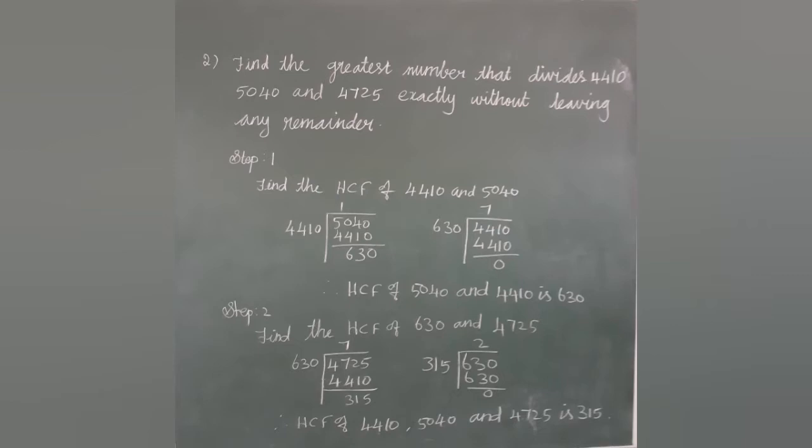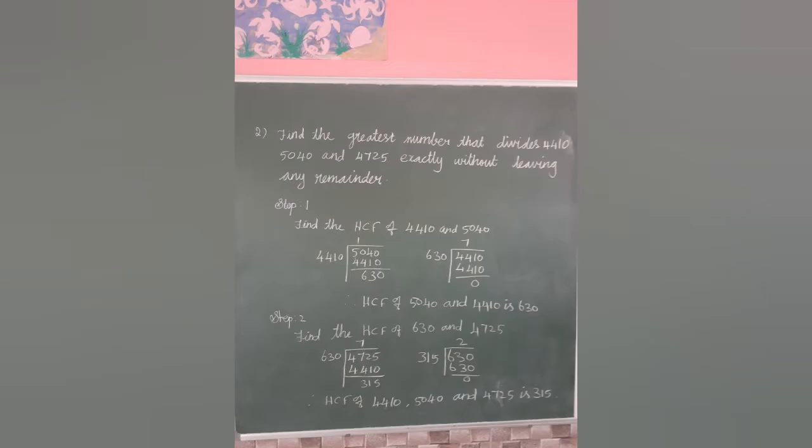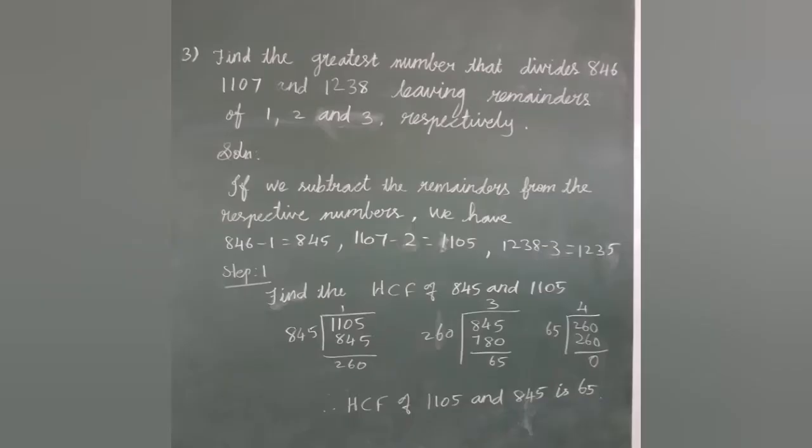Now we can find the HCF of 630 and 4725 using the long division method. Now we get the HCF of 4410, 5040 and 4725 is 315.